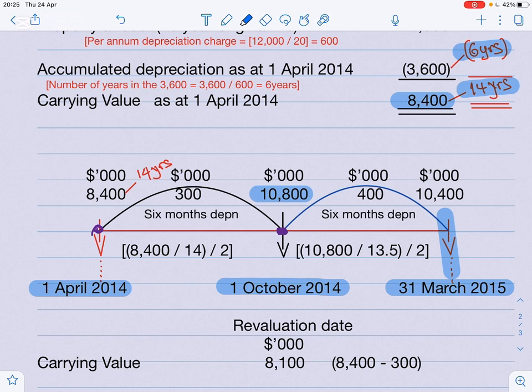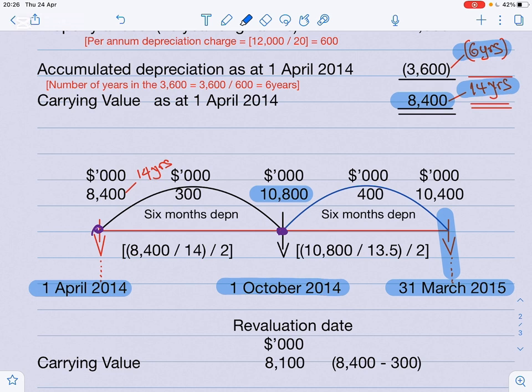I'm thinking that we're not going to count the month of October because what you have there is saying 1st October 2014. So as at the date of the revaluation exercise, if you want to lay claim to the month of October, you will just have in there 1 day, and this 1 day will not be material regarding this calculation.